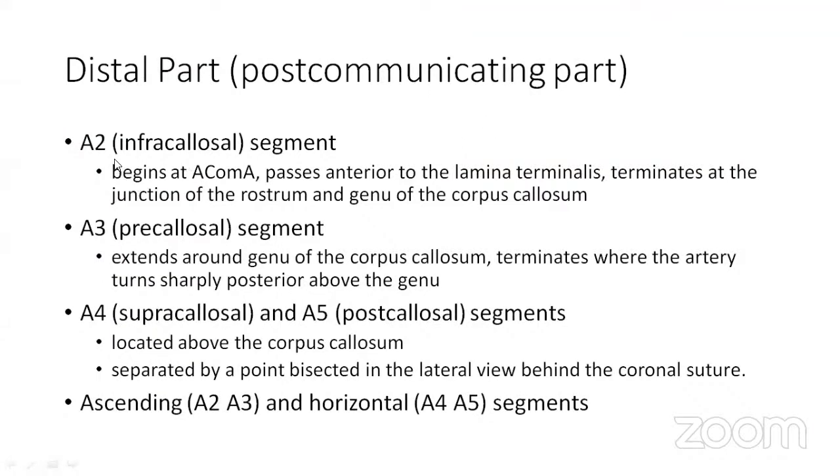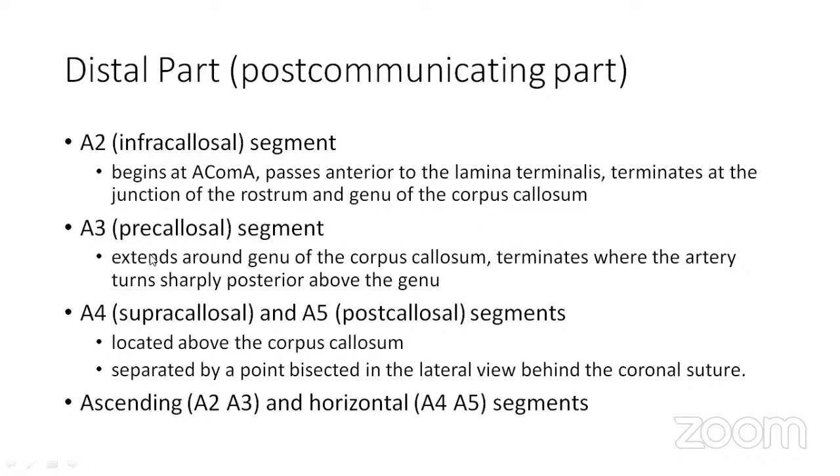The distal part is further divided into the A2 infracallosal segment, which begins at the anterior communicating artery, passes anterior to the lamina terminalis, and terminates at the junction of the rostrum and genu of the corpus callosum.